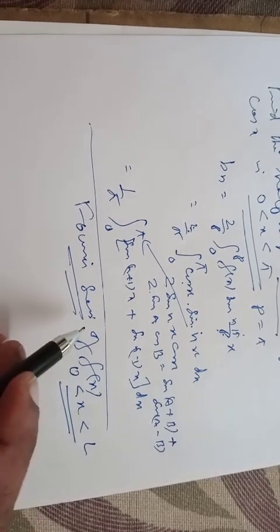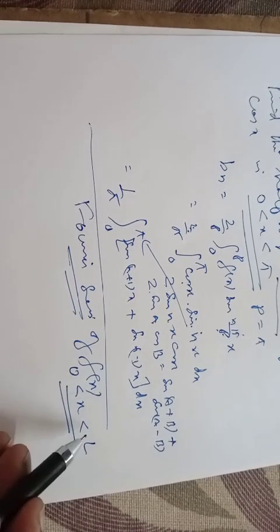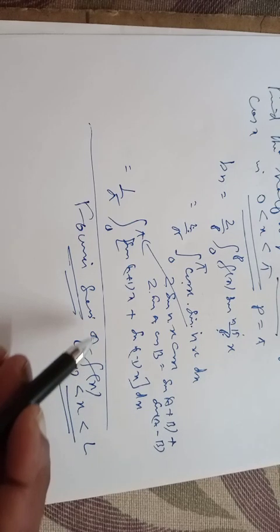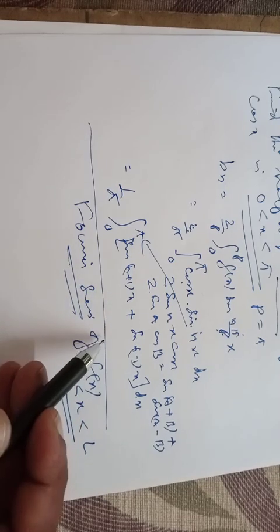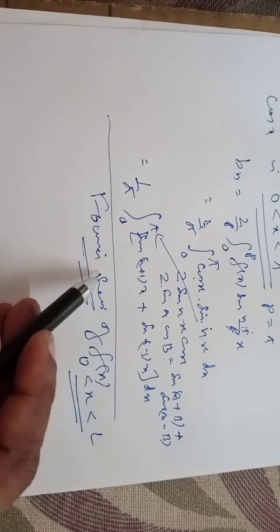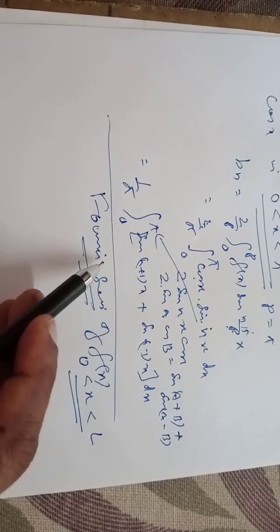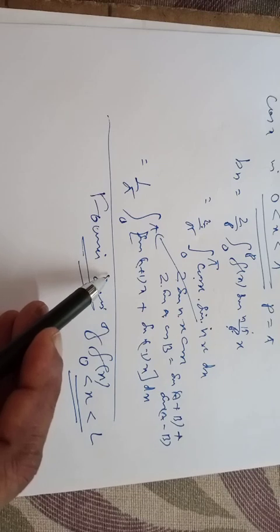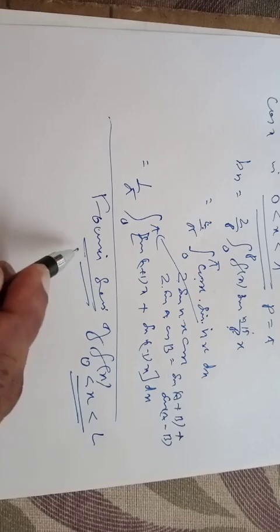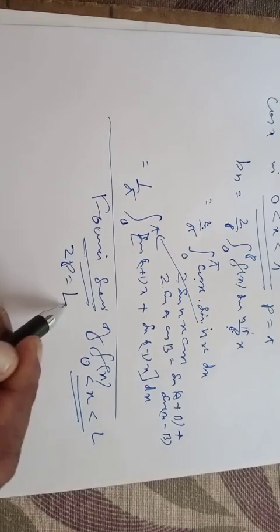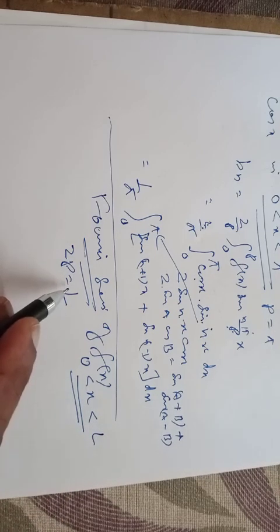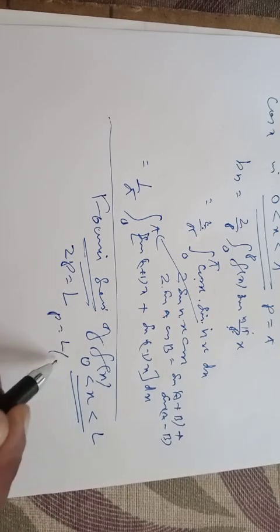Usually half range problems are asked to find either cosine series or sine series, but here we are asked to find Fourier series. It is not sine or cosine, both sine and cos come in the answer. Therefore in this case we take 2p such that 2p is equal to L, and p is equal to L by 2.